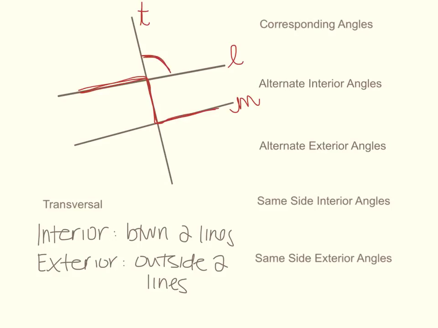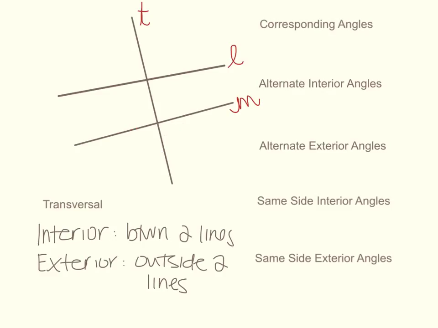So they're going to be something like this one here and this one here, or it could be this one and this one. Either way, alternate exterior means they are on the outside, on the opposite sides of that transversal.